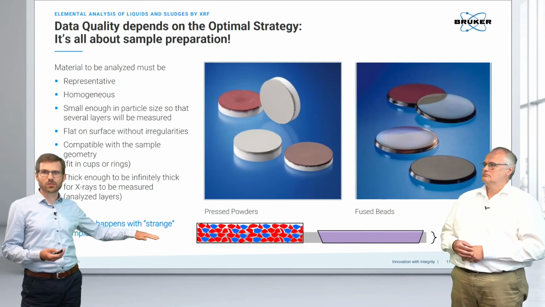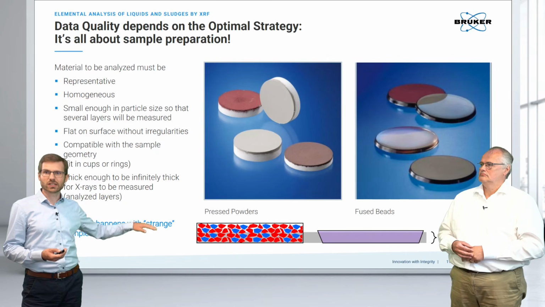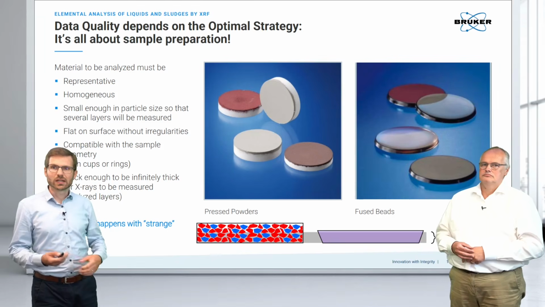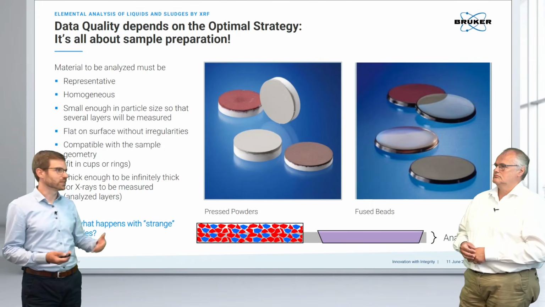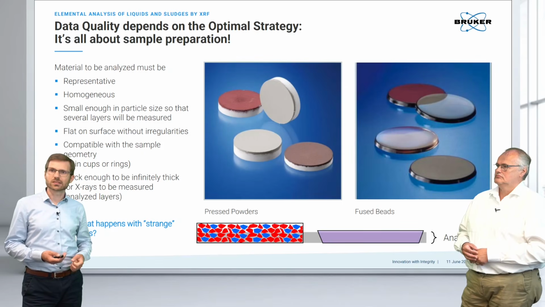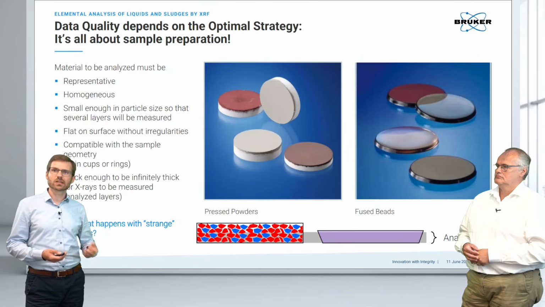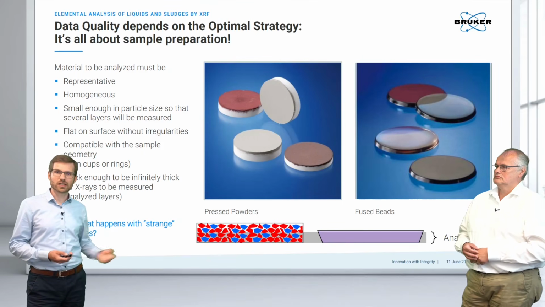When you have heavier ones, it penetrates back into a few millimeters and even centimeters where you get information. And this makes it, especially for light elements, and this also includes things like silicon, aluminum, magnesium, quite important that you have a homogeneous presentation and also an even surface.